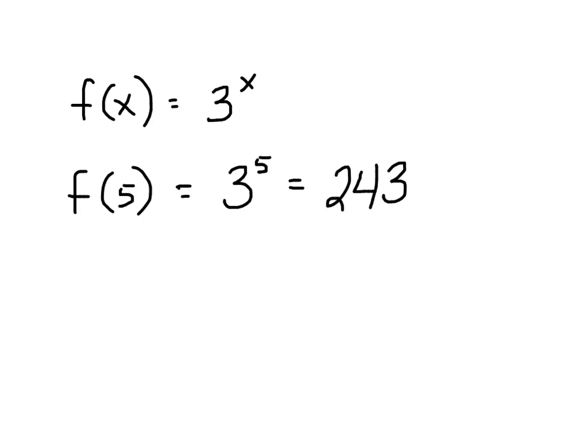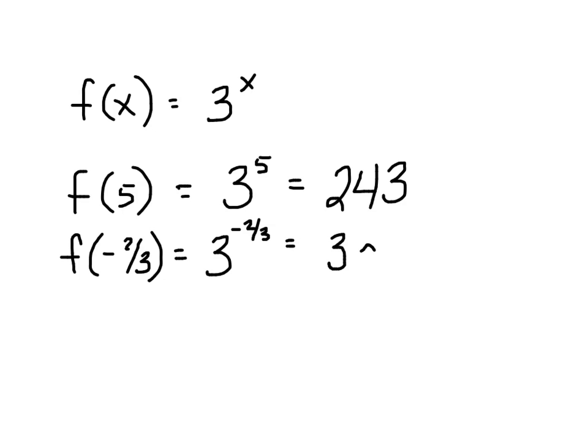Then again, if they give you something else like f of negative 2/3, again you're going to put negative 2/3 in for the exponent using your calculator. When you type that, you type 3 and then the caret symbol, and then for this particular one, depending on the age of your calculator, I would put negative 2/3 in parentheses just to make sure.